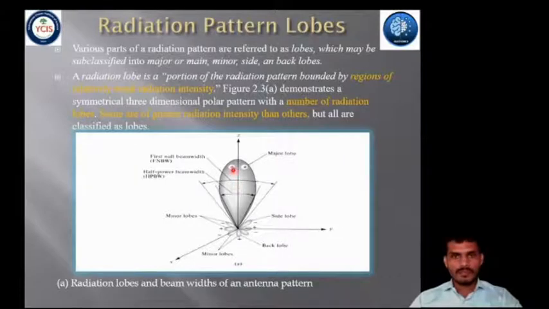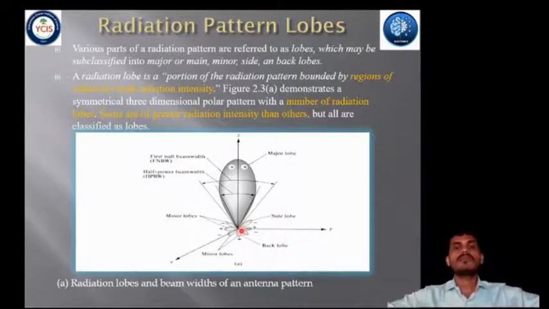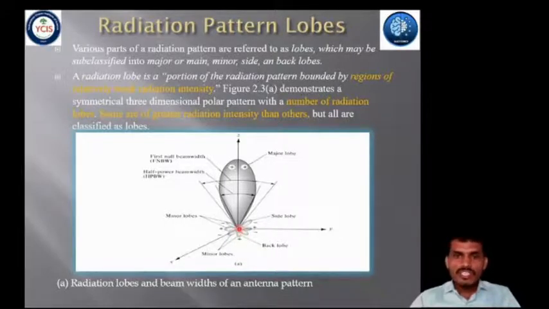See, this is your first null beam width. This is your first null beam width. That means the whole radiation pattern is considered as a beam width. That means the maximum radiation intensity which travels toward the destination can be calculated from this 0 point.